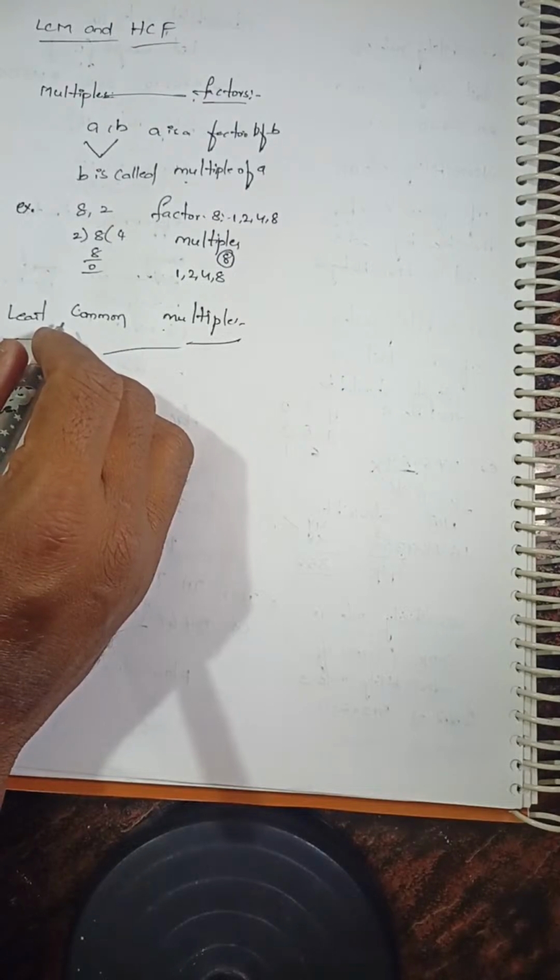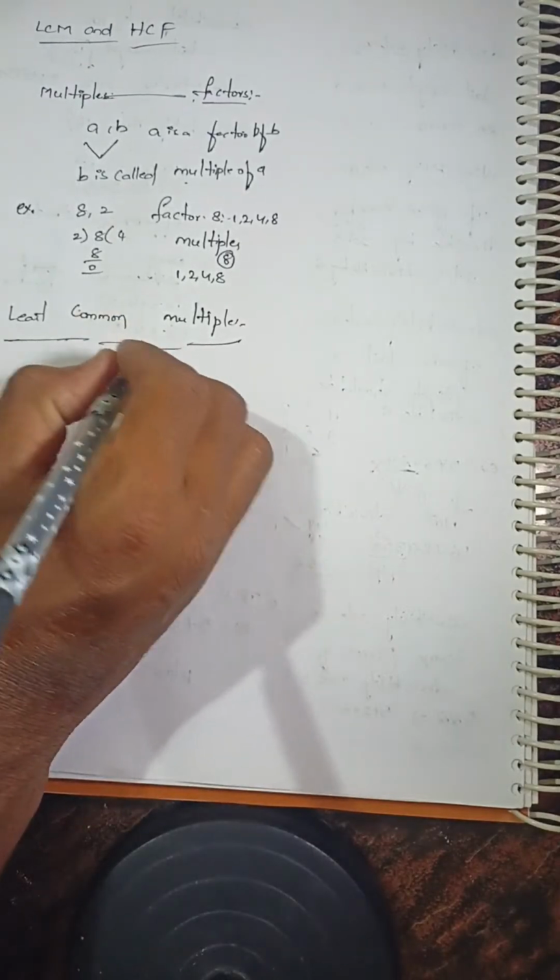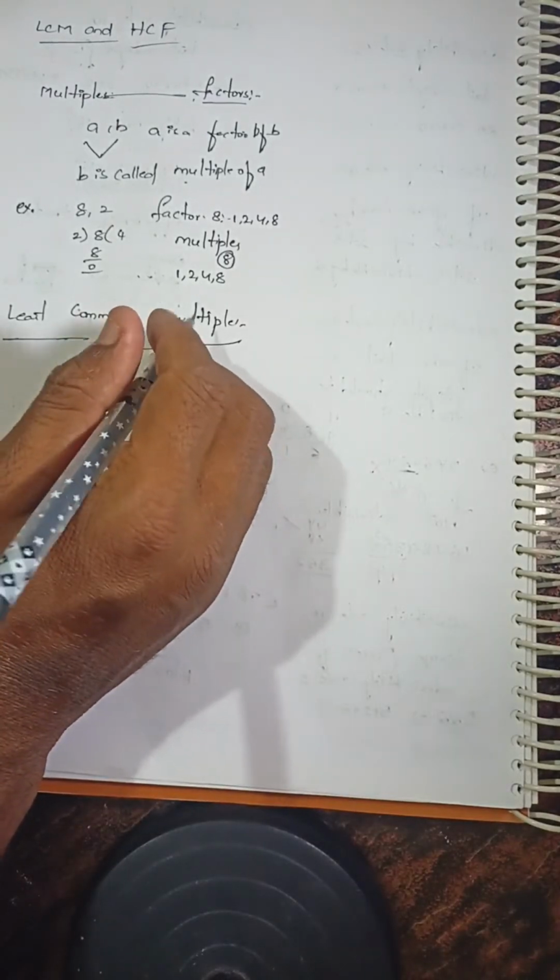The least number which is exactly divisible by the given numbers, that is called the least common multiple. That is called LCM.